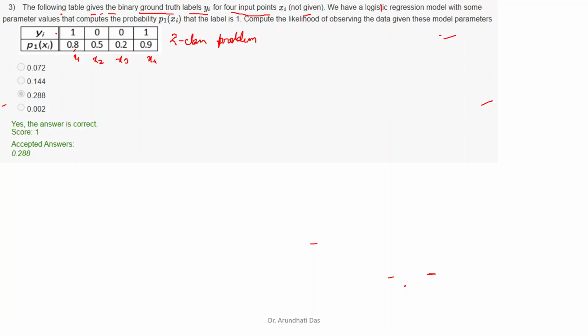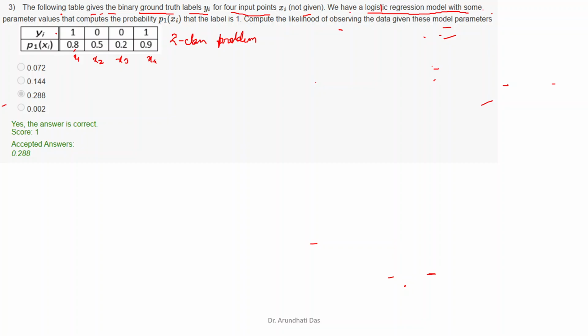So we have a logistic regression model with some parameter values that computes the probability p1(xi) that the label is 1. We need to compute the likelihood of observing the data given these model parameters.